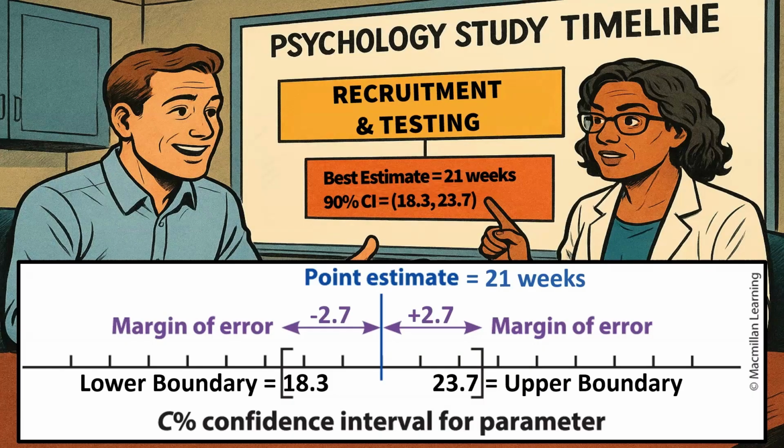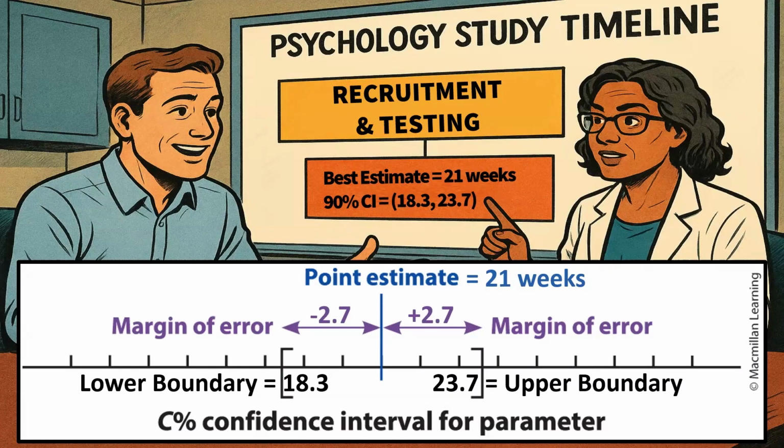So these are the components of your confidence interval. And just so that you don't get surprised when you see this, confidence intervals are typically reported in two different ways. Whoever's reporting a confidence interval typically chooses just one of those ways. So sometimes you'll see it reported the way that Alex reported it here, with just a lower boundary and an upper boundary. And he'll say the 90% confidence interval, lower boundary 18.3, upper boundary 23.7.